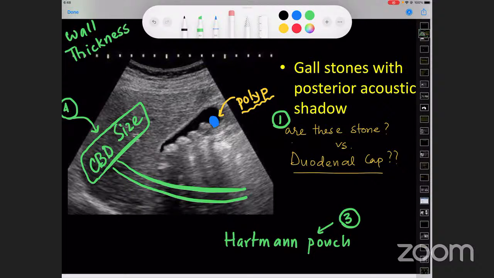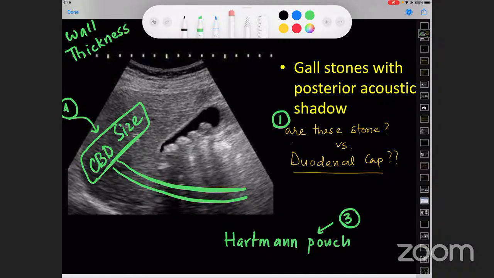So it is called acoustic enhancement. A stone is a hard structure and gives a posterior black shadow, called posterior acoustic shadow. And here it is not a hard structure, so it will give a reverberation artifact. It is not exactly a black artifact, it is a bright-black mixture. So these three are different: posterior acoustic shadow, posterior acoustic enhancement, and reverberation artifact for the air bubbles inside the duodenal bulb.